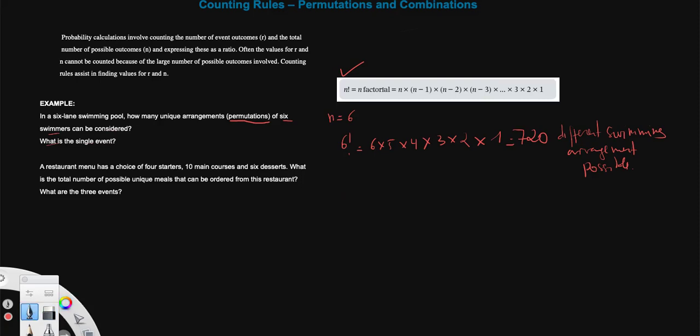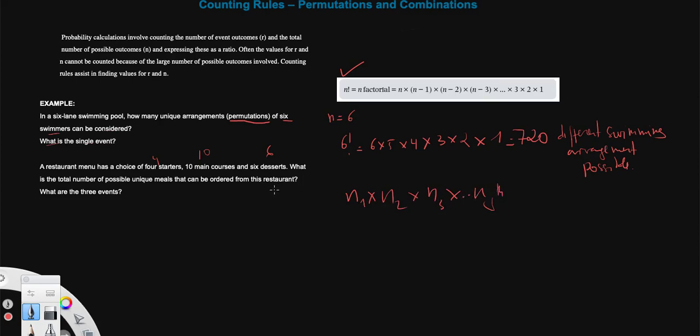And what else are we going to look at here? Now when we have a combined event, we are being told here a restaurant has a choice of 4 starters, 10 mains, 6 desserts, and what is the total number of possibilities? If you remember our formula here, we had n1 times n2, n3, and n of whatever number we had.